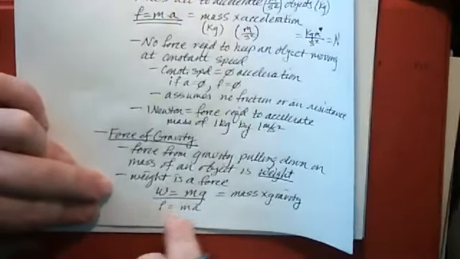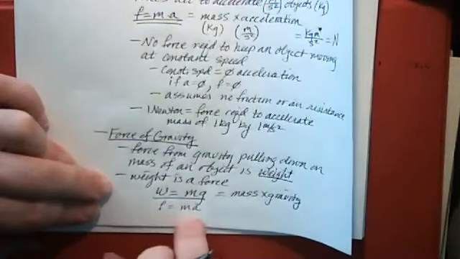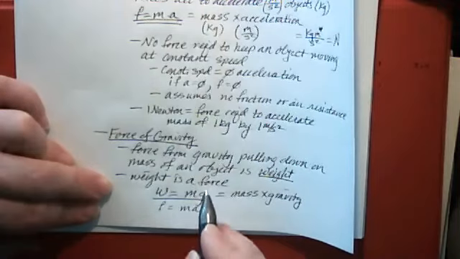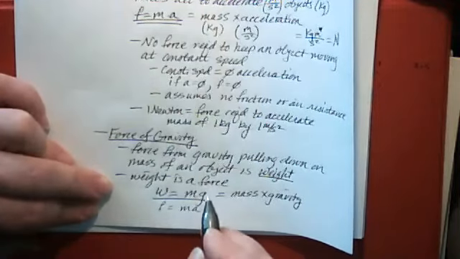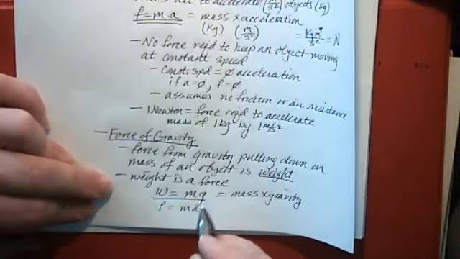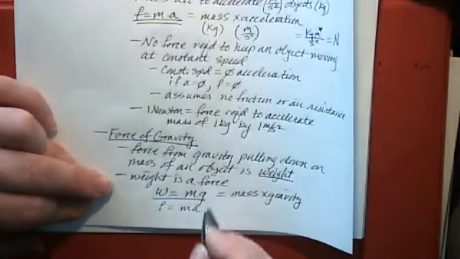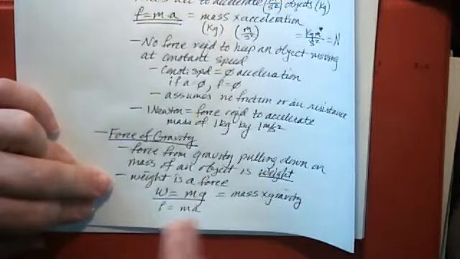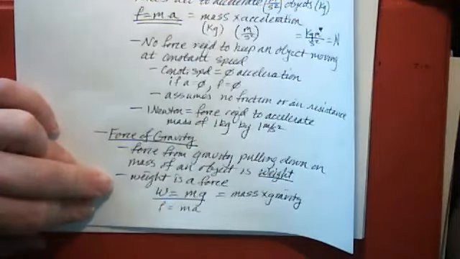Force is equal to mass times acceleration. So we see mass in both equations, and the other term would be g or a, which in either case is an acceleration. Gravity is a form of acceleration. Notice the units that gravity is measured in, 9.81 meters per second squared. Well, meters per second squared are units of acceleration. So gravity itself is an acceleration, and it results in a force that's known as weight when it pulls down on your mass.